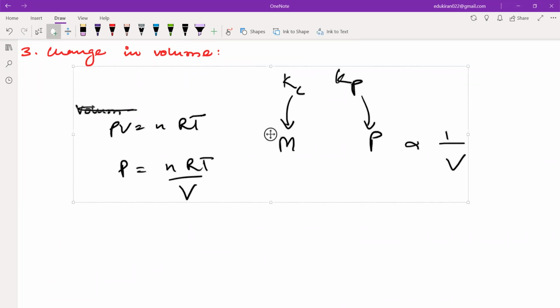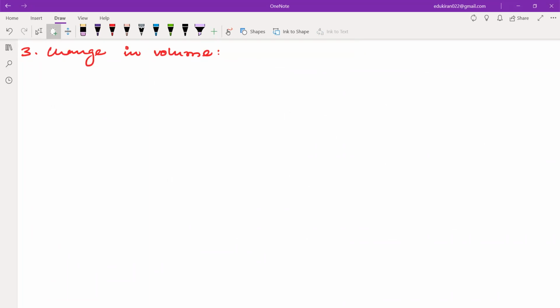So we can talk about the effect of change in volume in terms of both, and they will have a similar type of change. Now, if I increase the volume or decrease the volume, what is going to happen?